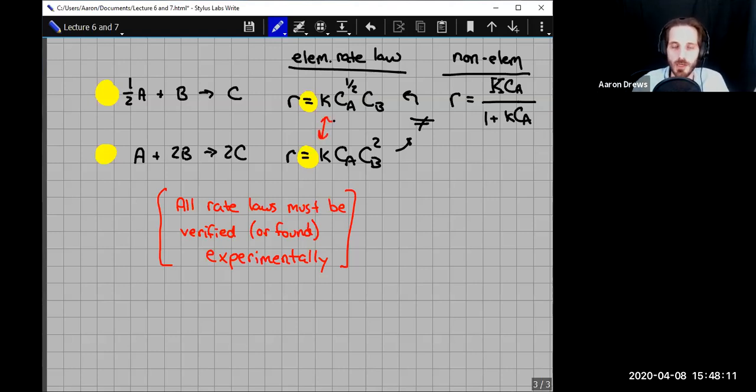We could just change the stoichiometry and rewrite the rate law and get completely different results, both of which would have essentially different activation energies. We have no way to know which one is true in the sense of which one represents an experiment until we actually do the experiment. And that's not something we get to until the very last part of class, not today, like the last week of class. We have to be able to do an experiment to figure out which one is the actual form.